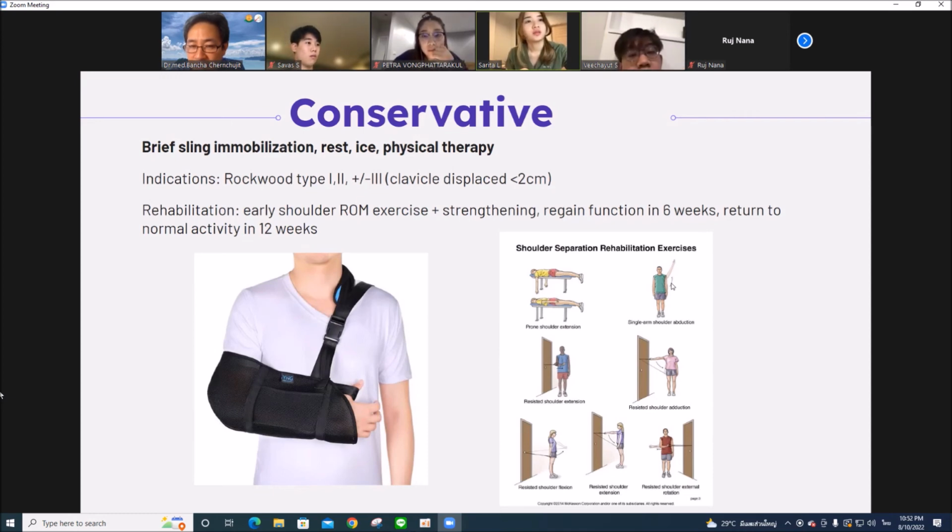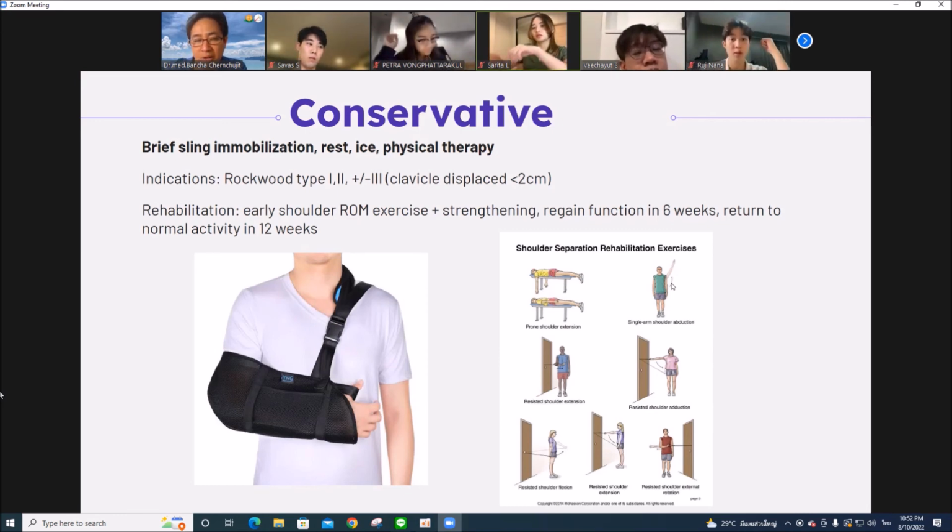Yeah, you're right, in grades 1, 2, and 3. So we call this skillful neglect. Even if the patient does not have complete reduction, the function is pretty good. But in grades 4, 5, 6, you need to reduce it.